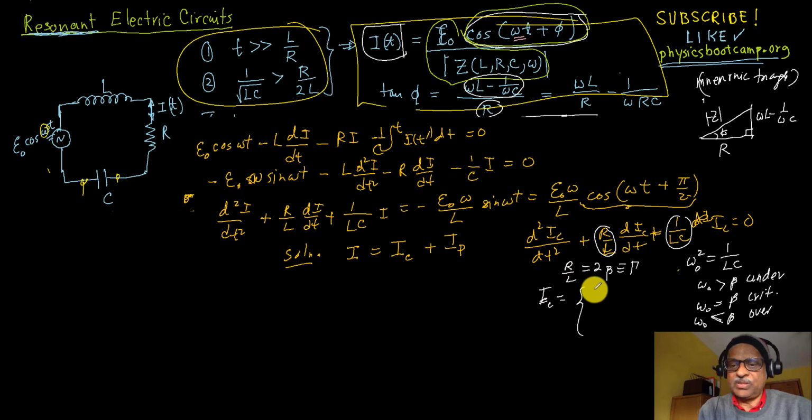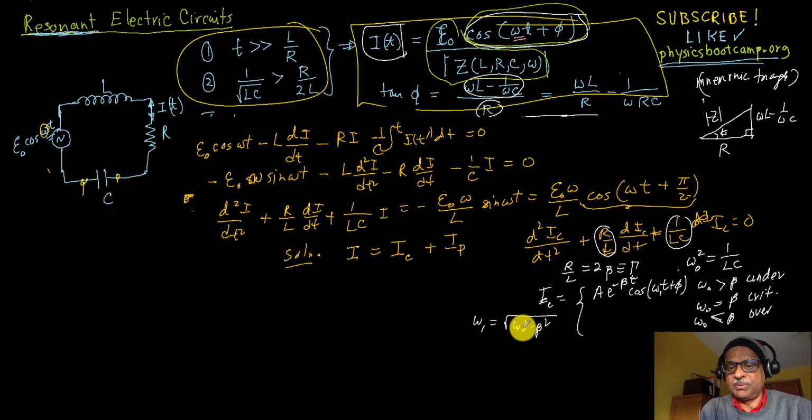The first scenario is some amplitude times e to the minus beta t times cosine of omega 1 t plus some constant phi. What is omega 1? Omega 1 is the square root of omega naught squared minus beta squared.